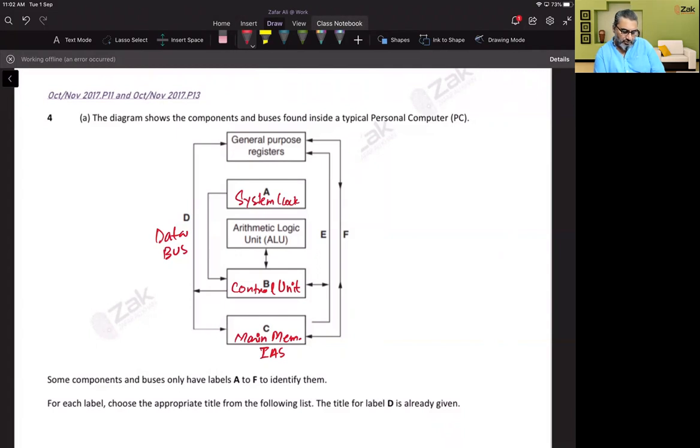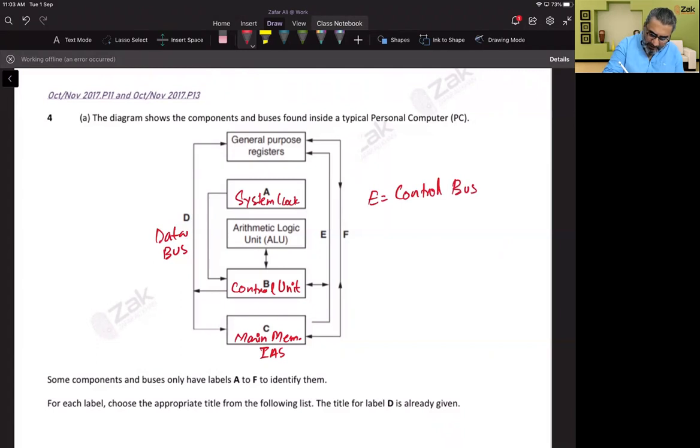So it is control bus. Since it is two-way from control unit and it is controlling general purpose register, and it is not connected to main memory, it is control bus. So E is control bus.